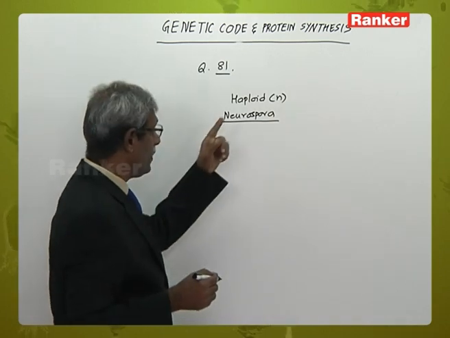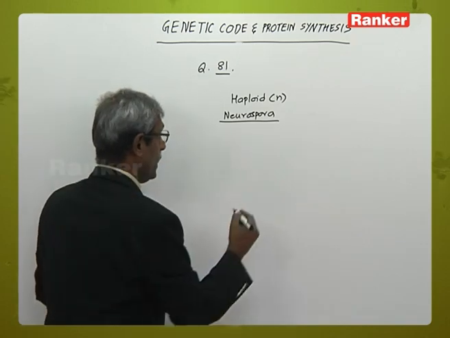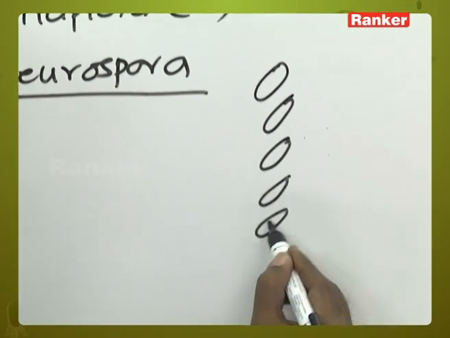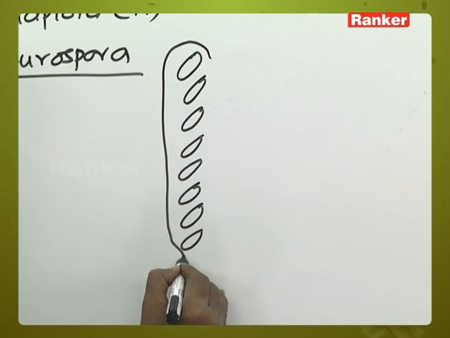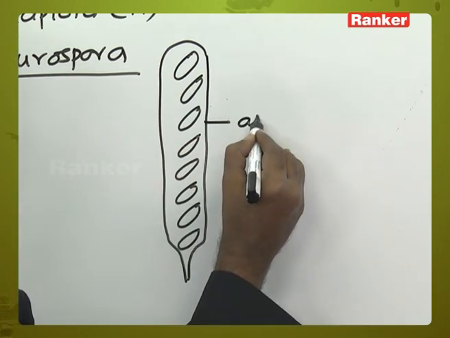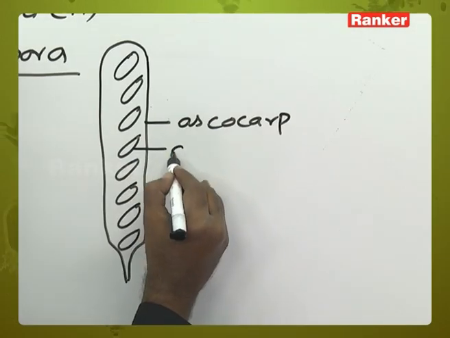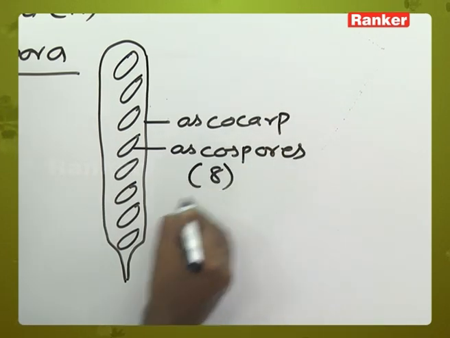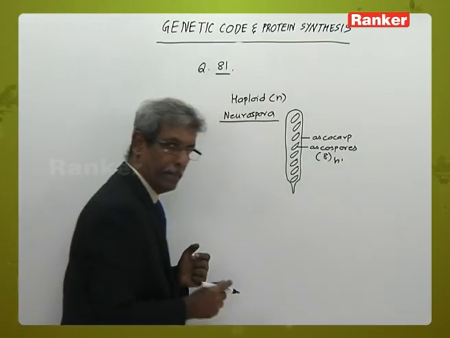So, in Neurospora, when you get haploid number of spores, the spore on multiplication gives rise to 8 spores, which are formed within the ascocarp. Ascocarp is a fruiting body, and these are the ascospores. The ascospores are 8 in number, and all the 8 ascospores are haploid.